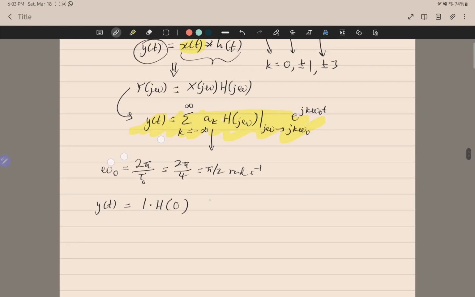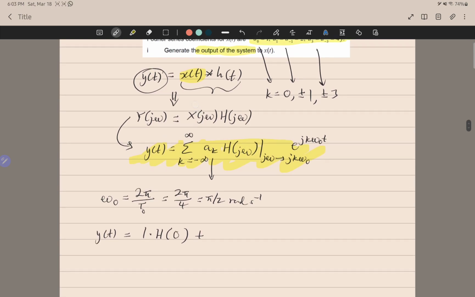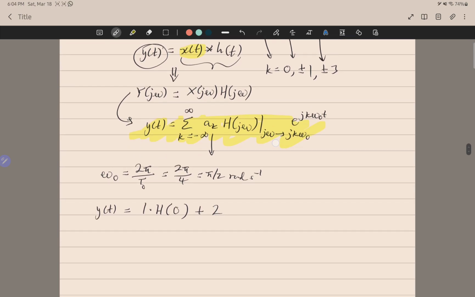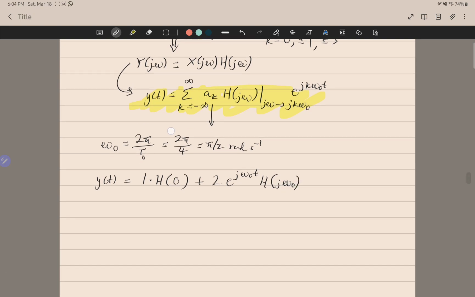Now what about k equals 1? a1 is equal to 2, and k is equal to 1, so this is e to the j omega 0 t multiplied by H of j omega 0.